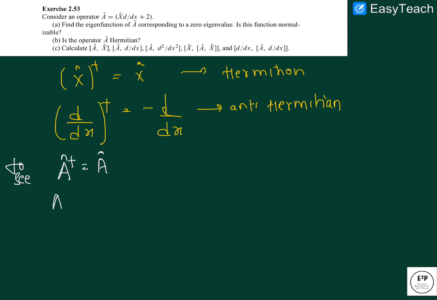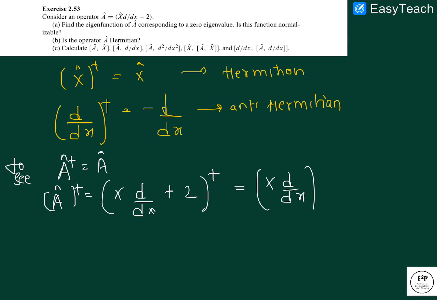We have a cap dagger equals x d by dx plus 2. Now the Hermitian operator can be distributed over the addition. So we have (x d by dx) dagger plus 2 dagger.